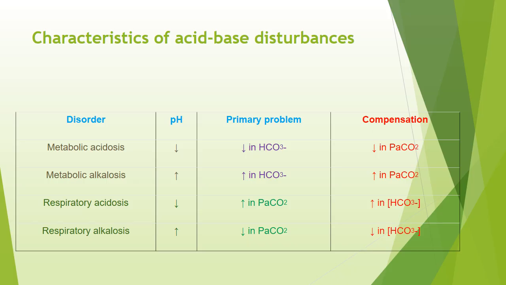In respiratory acidosis, we can see the pH decreasing, increased carbon dioxide level, and the increased bicarbonate level. In respiratory alkalosis, the pH increases, decrease in carbon dioxide level, and decrease in bicarbonate level.